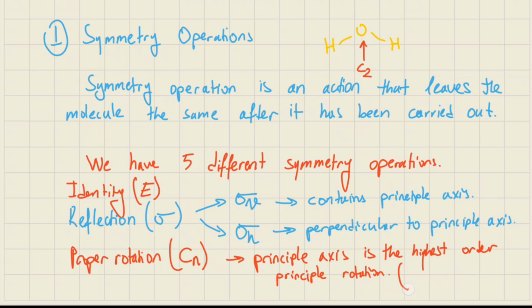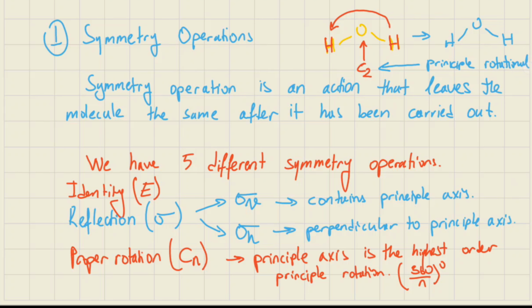The n means 360 over n degrees, which means that if we apply C2 to this water molecule, this hydrogen will go here and this hydrogen will go here, and after the operation we will obtain exactly the same molecule. Therefore this is our principal rotational axis.